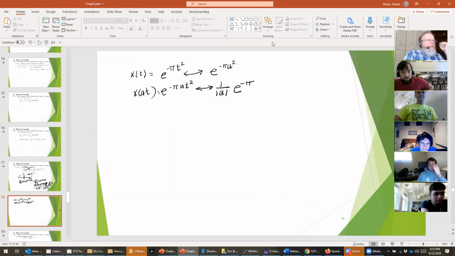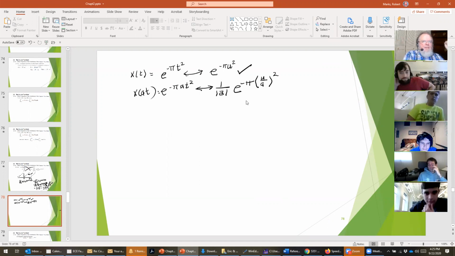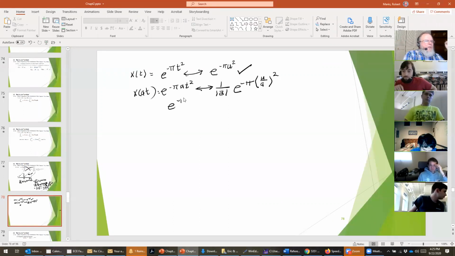Okay. So here's what I said. This is the beautiful Fourier transform here, right? And if we said x of at is equal to this, we know that the Fourier transform is this, right? Correct? So we know that e to the minus pi b squared, and I forget exactly how I phrased it in the homework problem, is equal to e to the minus pi u over b squared, right?